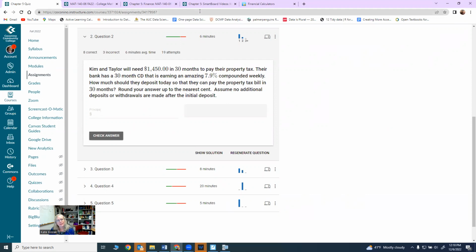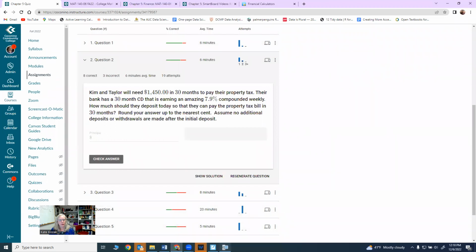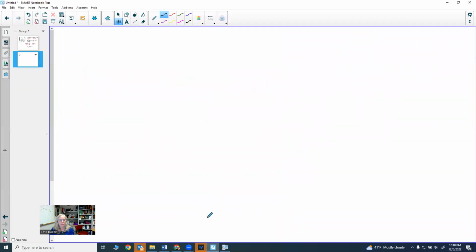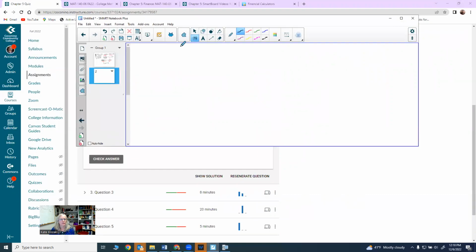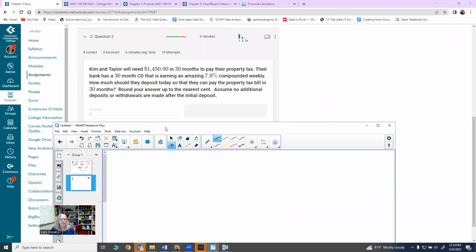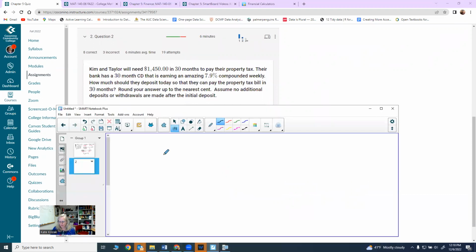So this is another problem like that where I have to figure this out. Again, I'm going to make this a little bit smaller so I can read my stuff and write things down. Because it talks about compounding, I know that this is not simple interest.